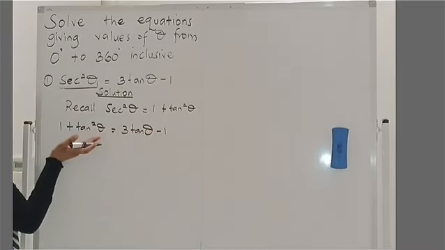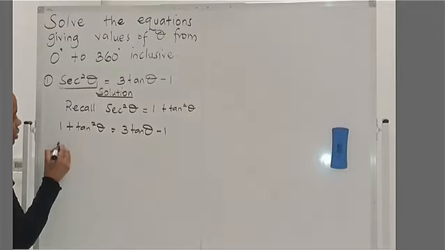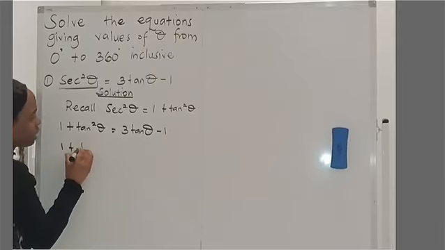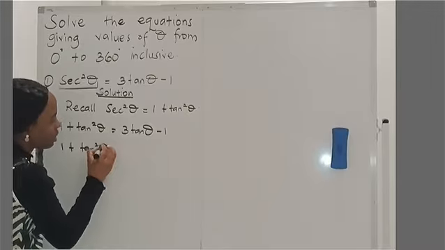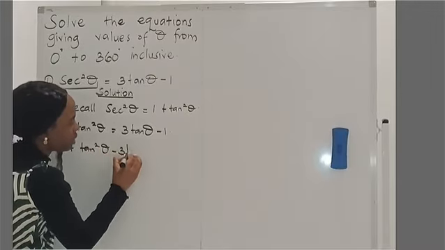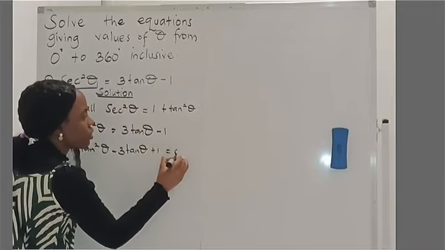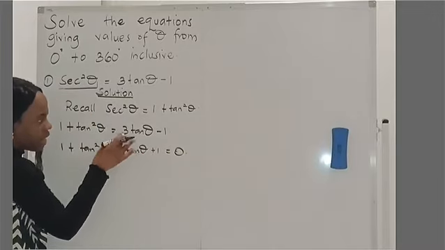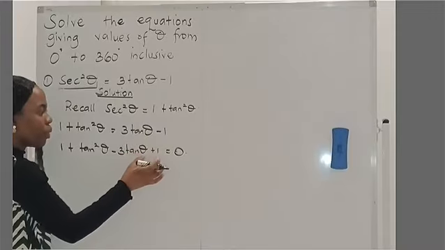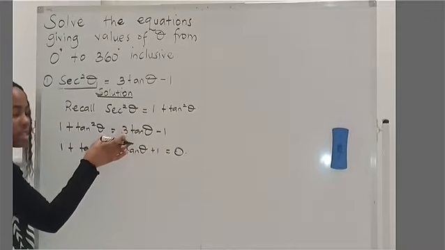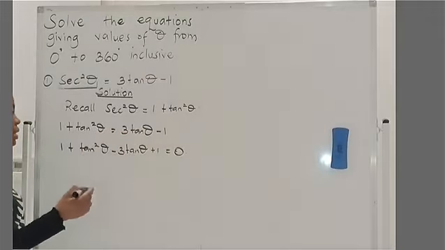Now bring everything to the left hand side. That is 1 plus tan squared theta minus 3 tan theta plus 1 is equal to 0. The sign has changed on both because we have crossed equal signs.